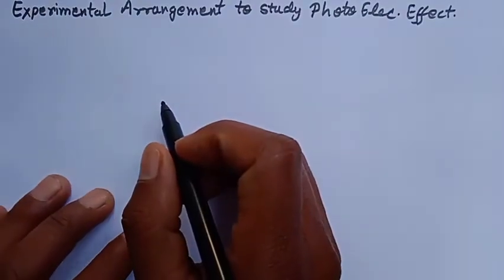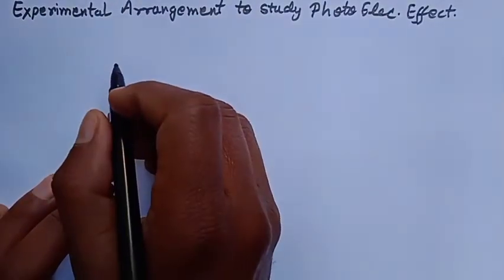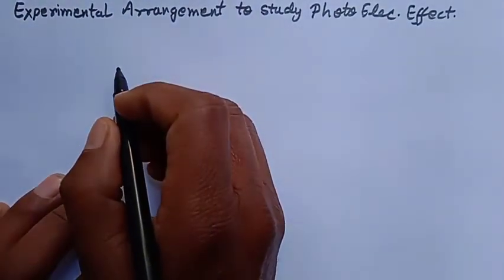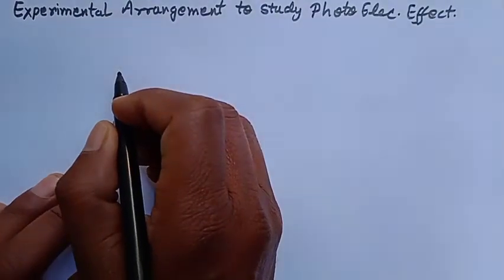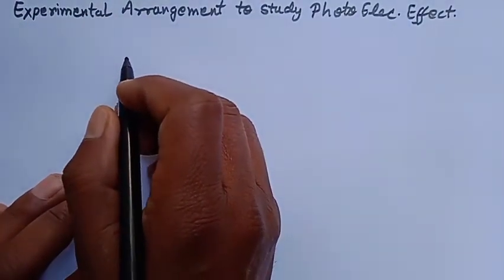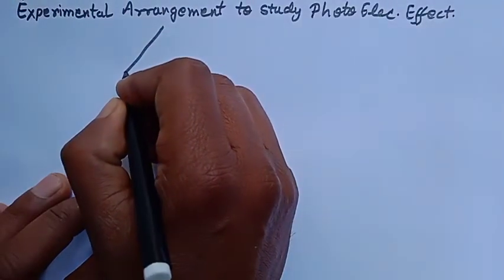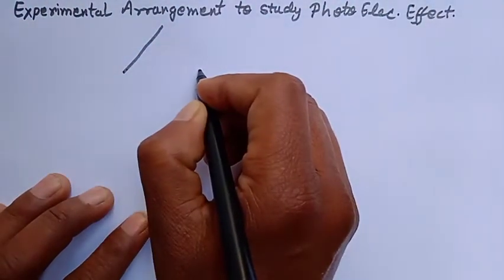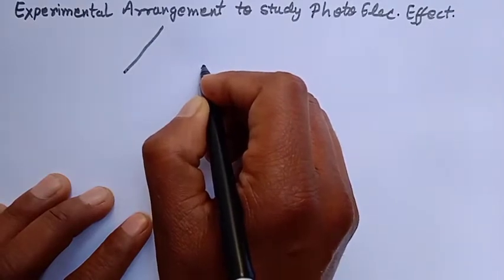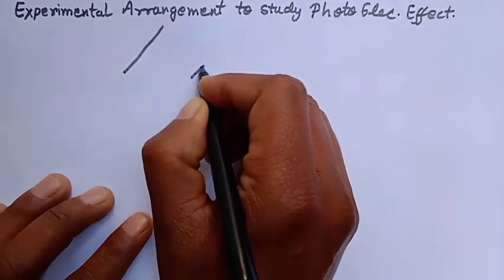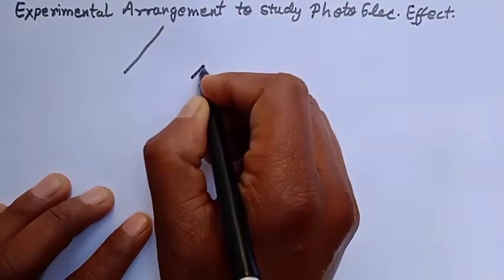All right, experimental arrangement to study the photoelectric effect. I am drawing this diagram, so you people should also draw it side by side. It is better that you draw it side by side as I am drawing, rather than I draw it first and then you copy it.